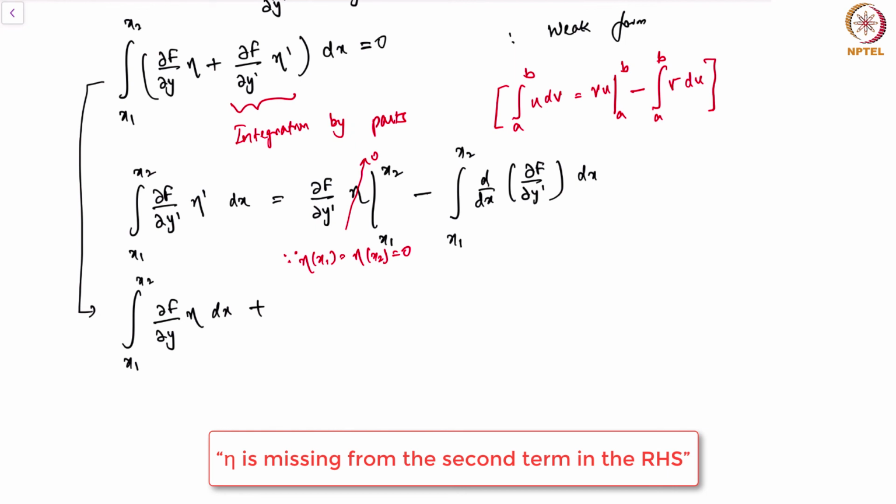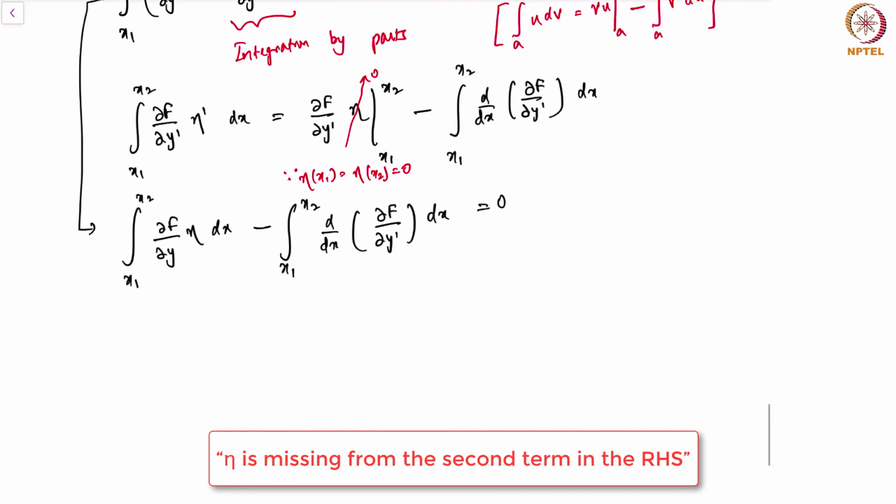What we now have is minus the integral from x1 to x2 of d/dx of ∂f/∂y′ times η dx, and this whole quantity is 0.